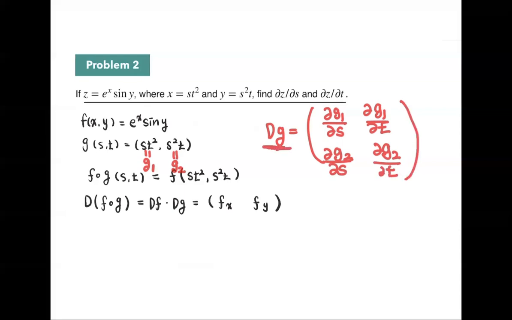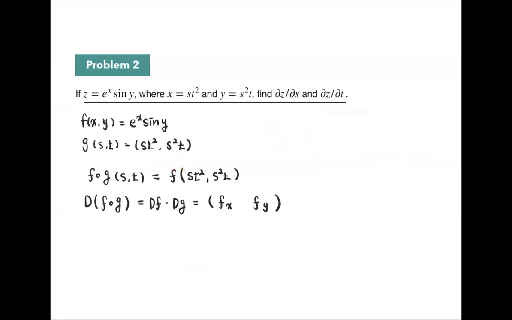This is the derivative of g. So we get, if we differentiate this function with respect to s, then it is t squared, and we get here 2st.